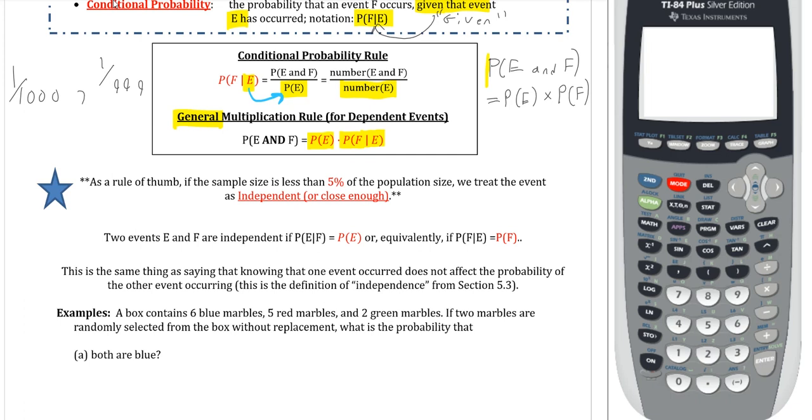Therefore, we have a general rule that if our sample size is small enough compared to the population, specifically if it's less than 5%, then we're going to consider the sample to be independently selected. Because the change from 1 out of 1,000 to 1 out of 999 is so minuscule that it doesn't really matter.